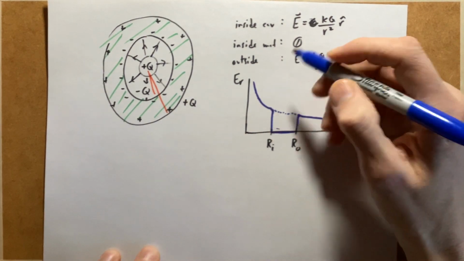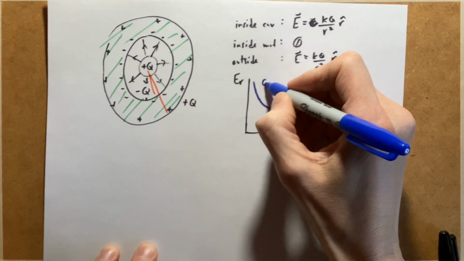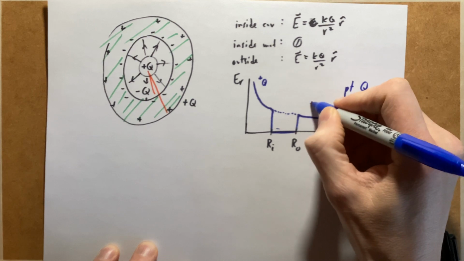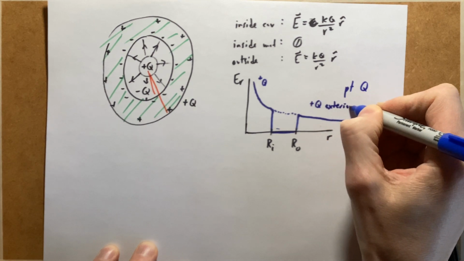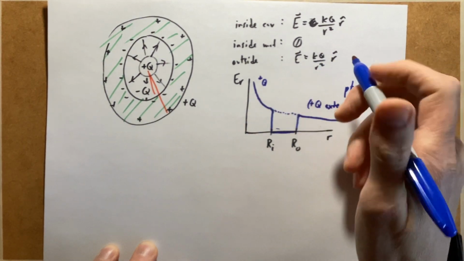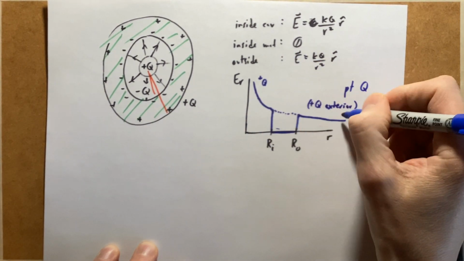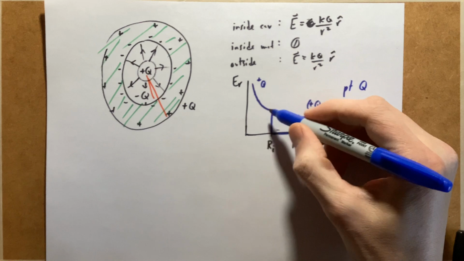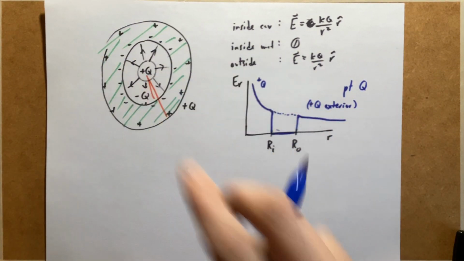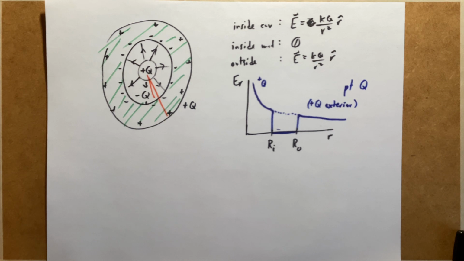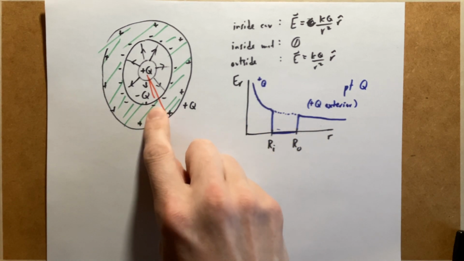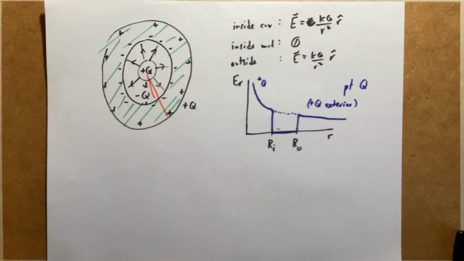Really, of course, this is caused by the actual point charge plus Q, and here, this is caused by the plus Q on the exterior surface. So the source is actually different, but it looks like it just picks up the electric field and runs with it exactly how it would have been if the conductor weren't there. That's kind of a cool thing. It's basically the field of a point charge with this stretch where we protect the interior material of the conductor from fields where the material actually is.